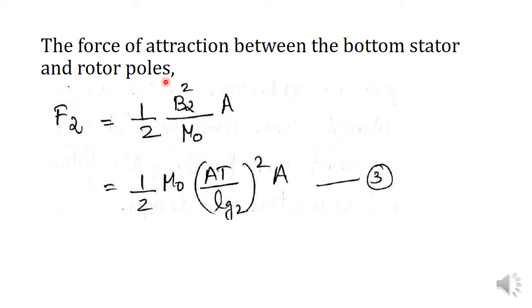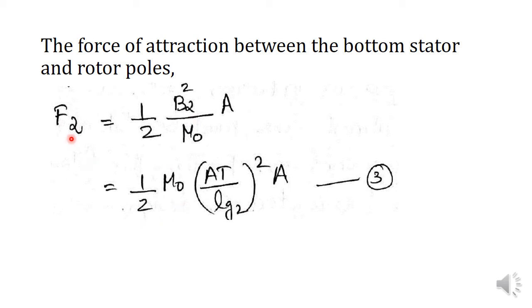The force of attraction between the bottom stator and rotor poles, that is F2, is equal to half B2 square by mu 0 into A. Here the only difference is in the flux density, that is B2. This is because of the difference in the air gap length. Here the air gap length is Lg2.